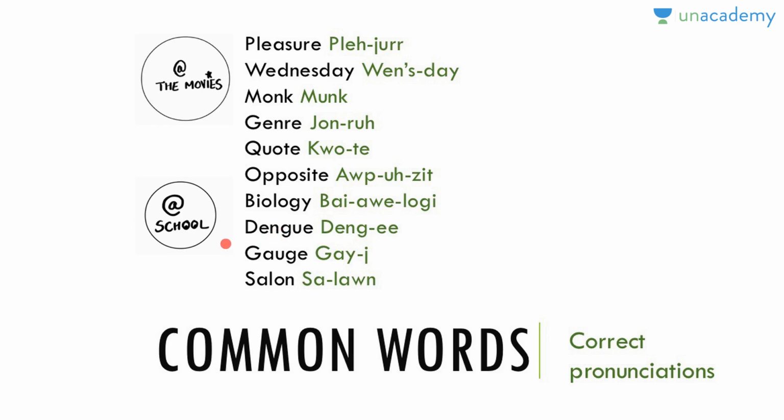"Biology". And then this disease is said wrongly by many people. It's actually "dengue", it's not "dengue". And then at school, we also learned about "gauge" in our labs. And then this is "salon", where you get a haircut or a spa, I don't know. At salons, you get beauty treatments, right? So that's "salon", not "saloon".